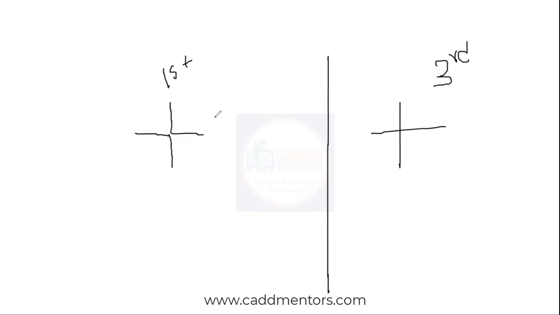So if I take a plane, and take all the quadrants like this, the object is placed here, and here. In first angle of projection, the object is placed in between the projection plane and the observer. And in third angle of projection, it is placed after the projection plane. 1, 2, 3.